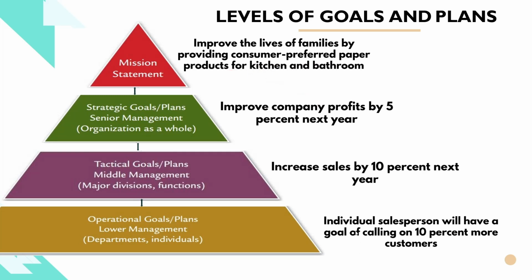So it outlines the company's overall purpose and reason for existence. And then the strategic goal, that is to improve company profits by 5% next year. It focuses now on the organization as a whole and sets a long-term direction.